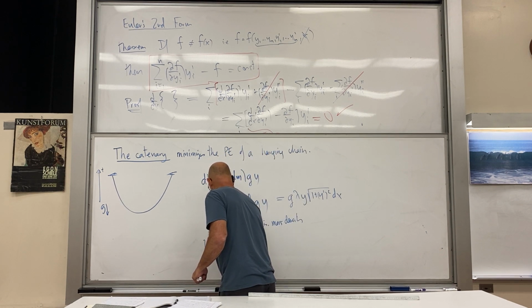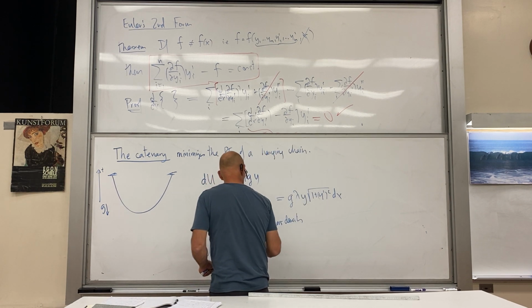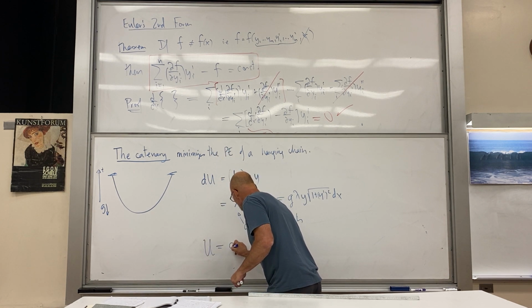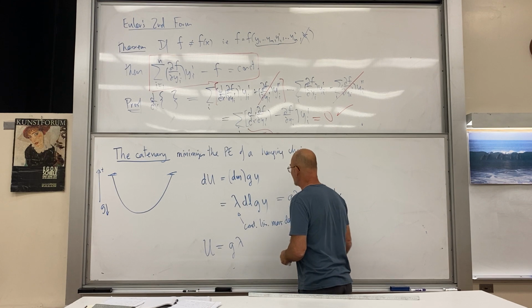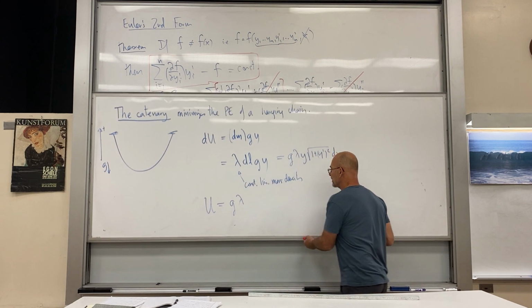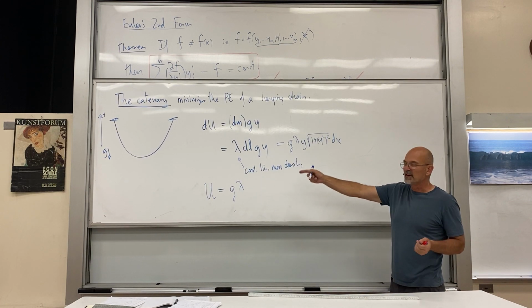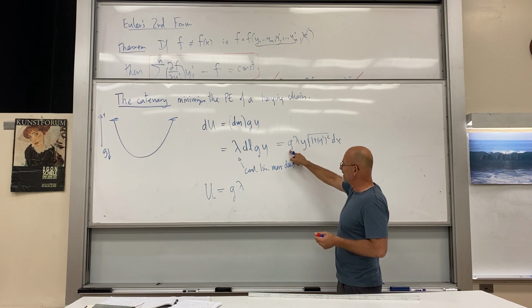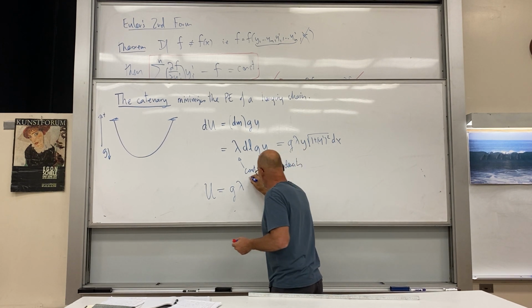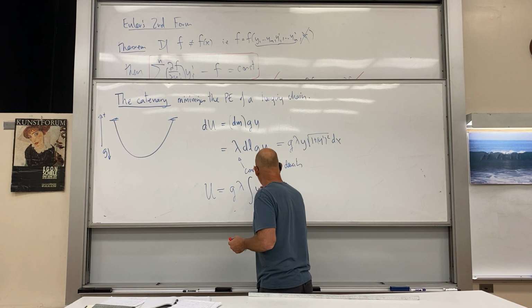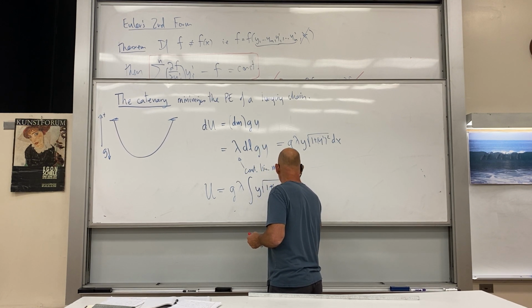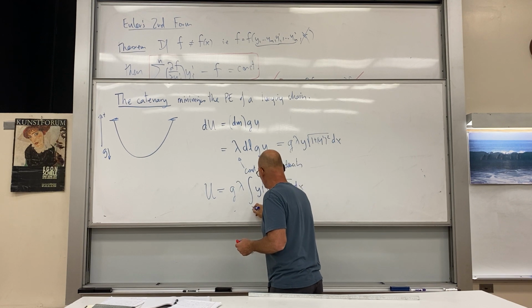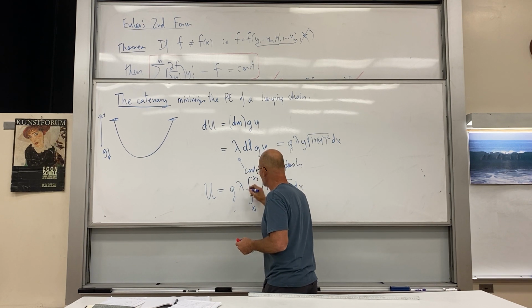Potential energy equal to, I'm going to pull the g and lambda out. That's actually an interesting point to be made. So g and lambda are just constants, uniform mass density, gravitational acceleration. And under the integral we have y root 1 plus y prime squared dx, x1 to x2.